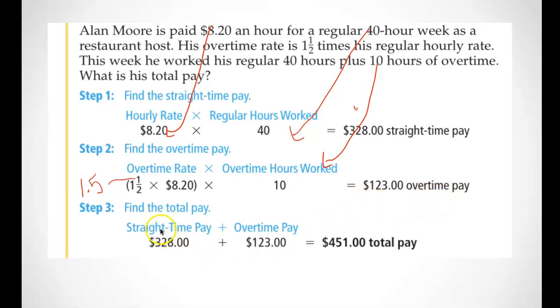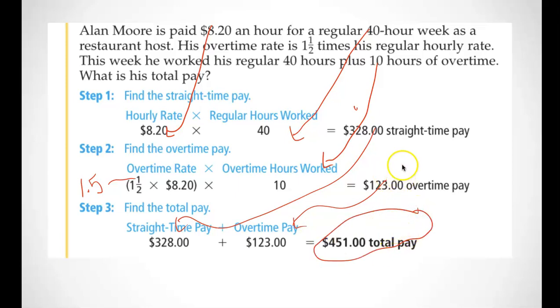Now, you're just adding step 1 and step 2 together for his total pay. So unlike straight time pay, which is step 1, to find overtime pay we've now added 3 steps. When you do your practice, it's like a chart and it has you figure out each one of these steps.